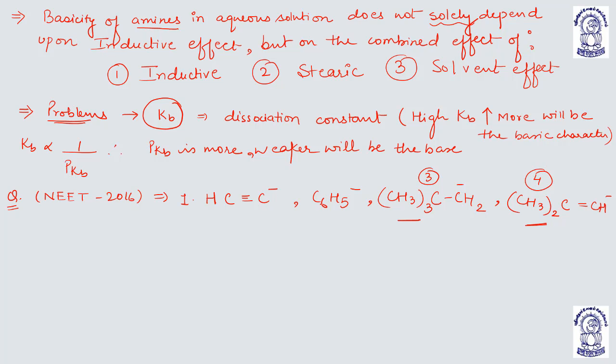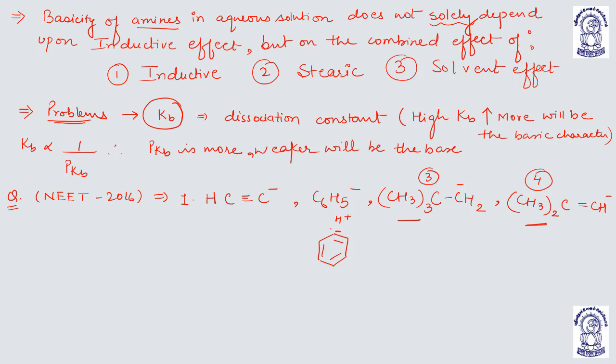Now, when we compare the phenyl carbanion C6H5 minus, it is basically telling us that the hydrogen is released in the form of H plus, and the carbon is having a negative charge.